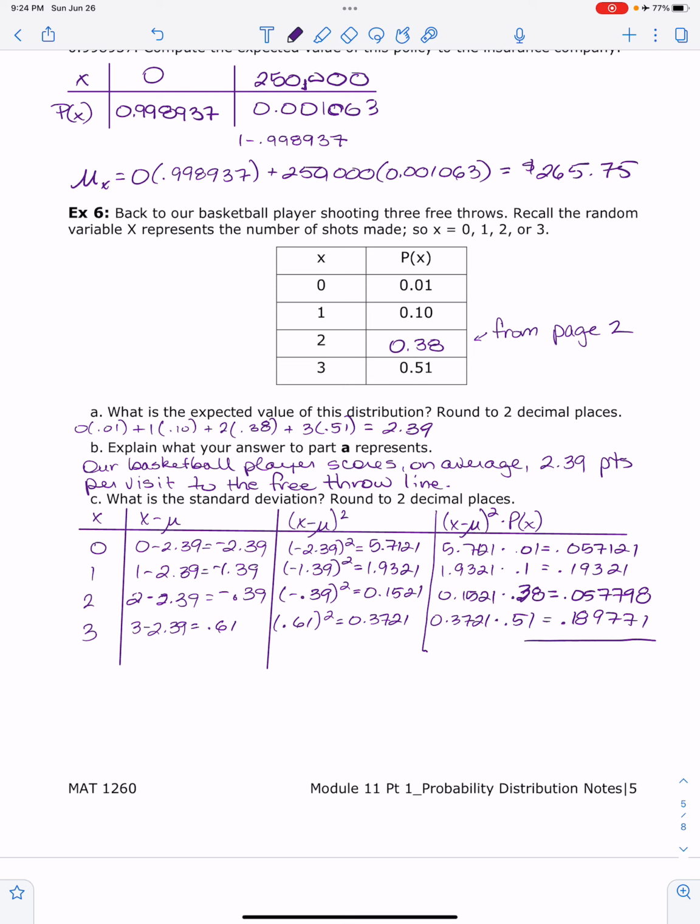When I add all those together, we get our variance.